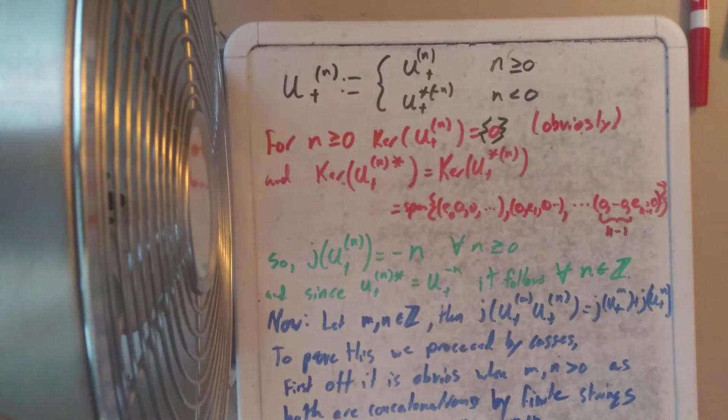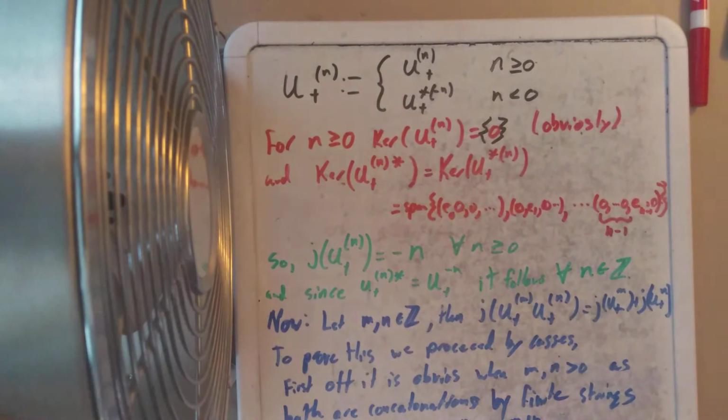So this is obviously an n-dimensional subspace, and any vector within the span of this is going to be in the kernel, because the truncations of these are going to be 0 vectors. And anything not in the span of this is going to have a non-zero term somewhere after the n-th place, which means that truncation of the first n values is not going to remove all non-zero terms from the sequence.